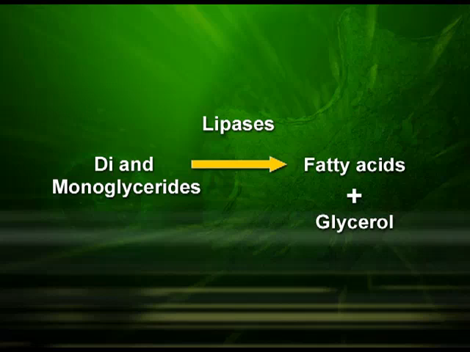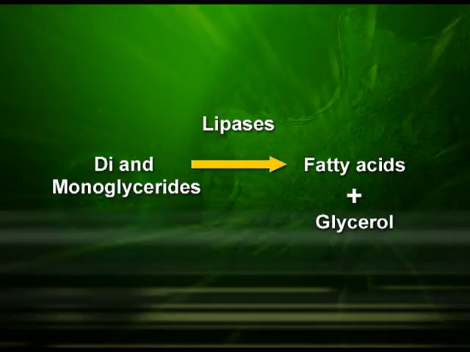We have also discussed in the previous session about diglycerides and monoglycerides, the big fat molecule after the action of bile and after the action of lipases was broken down to mono and diglyceride. Again, our lacteal in the small intestine cannot absorb even this.